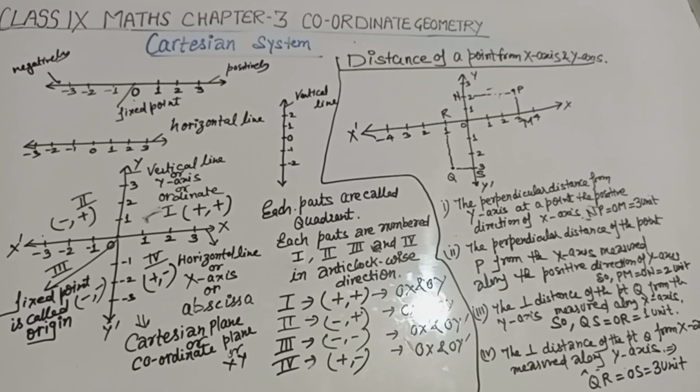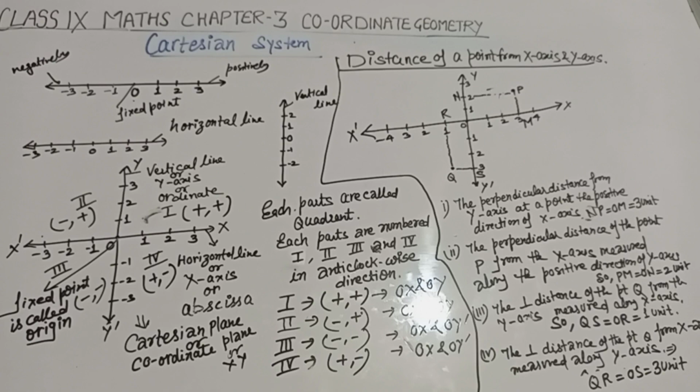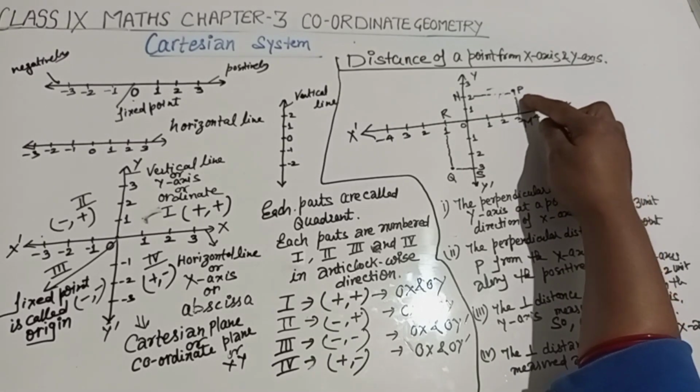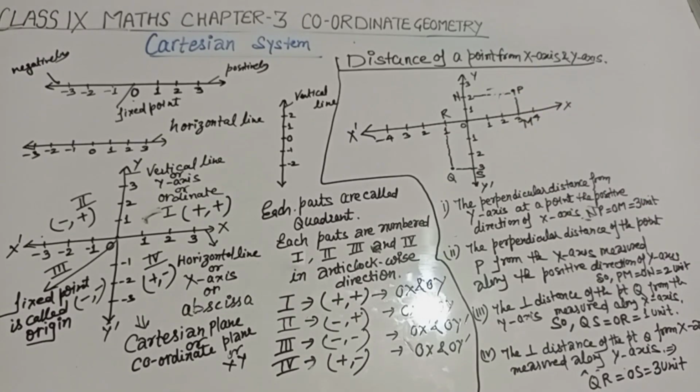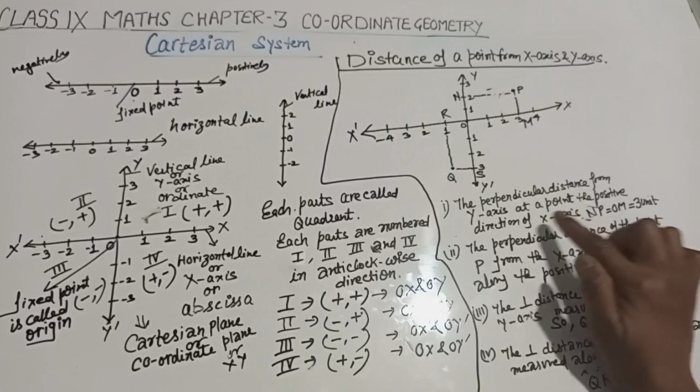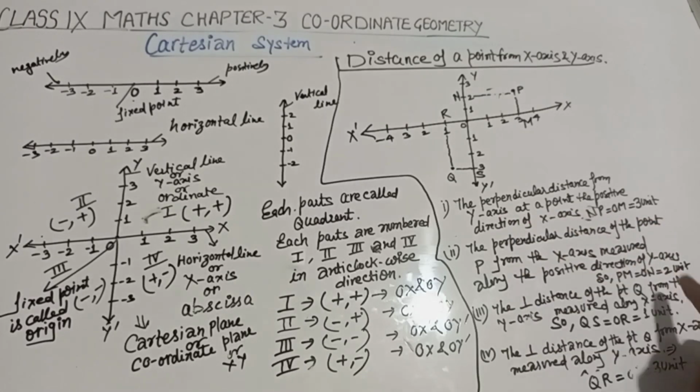So what can you observe from this result? If we need to find the distance of any point from the x-axis, it is the y unit, and from the y-axis it is the x unit.